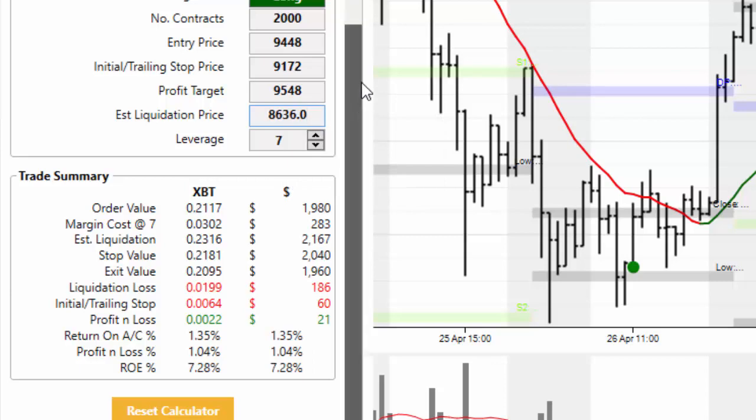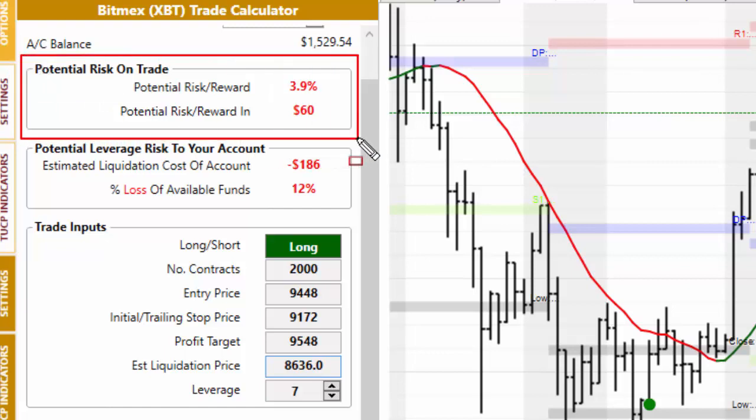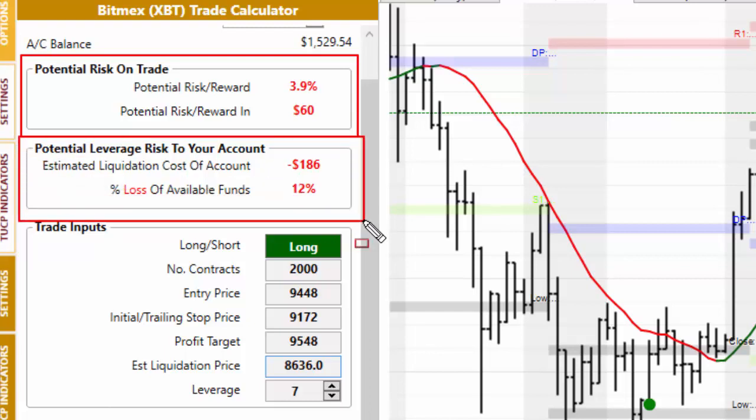So now you can see the stop that we're actually going to use is only 3% of our account, but if we were to use the liquidation stop, the one that is forced by the Bitmex platform when you trade on it, and if you were to let the market take you down to this level, you would end up losing 12% of your account, or $186, and you don't want that to happen.